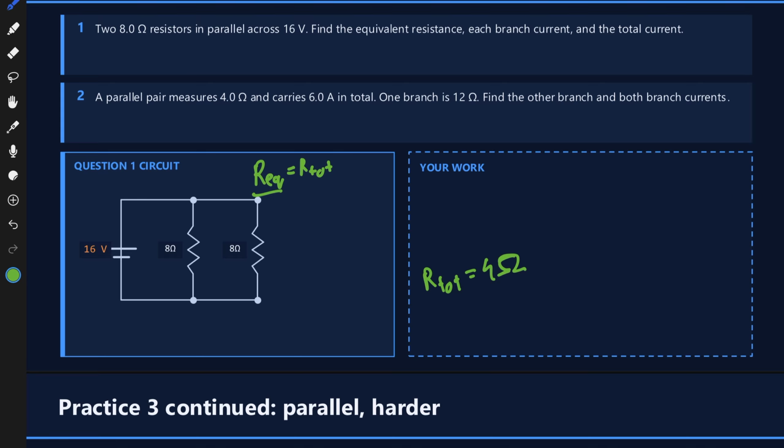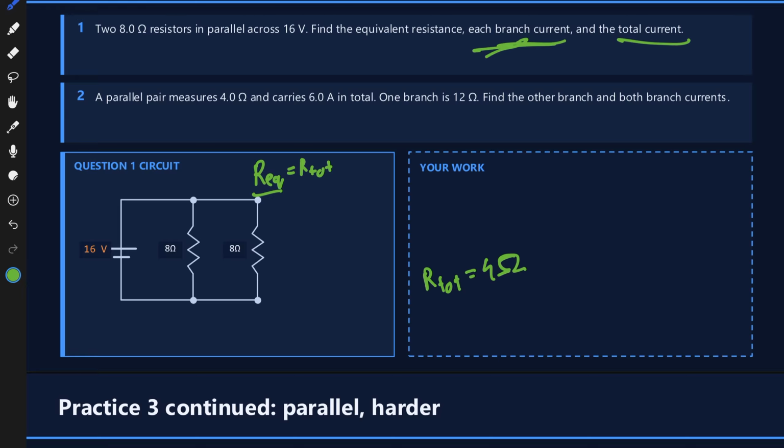And what about each branch's current? First, I don't know whether I want to tackle the branch's current or the total current. Either one is fine. I believe I'll go with the branch's current first.